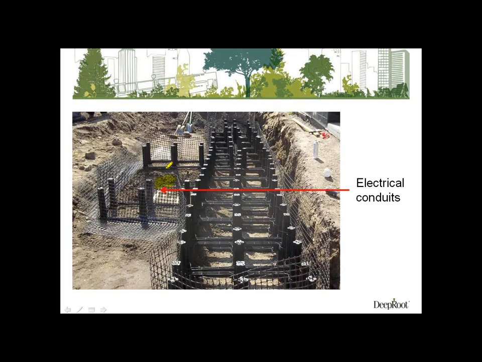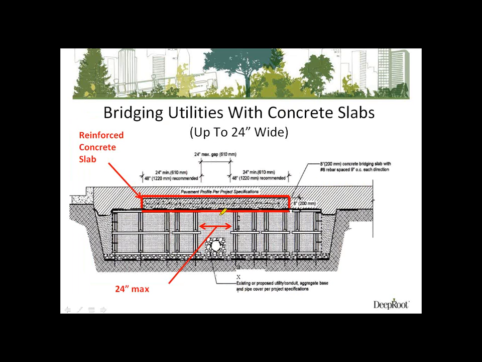So your tree will be in here, and you have Silva Cells on both sides to support the concrete around the tree opening, and also to help the tree roots work their way into the Silva Cells over here and then down. Okay.